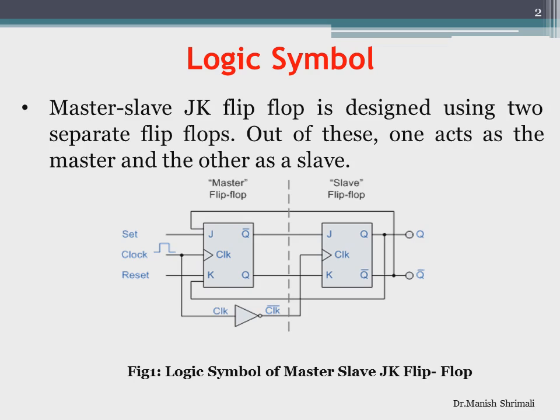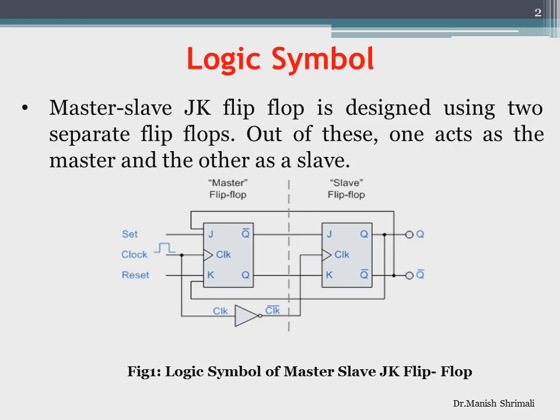This is the logic symbol of the master slave JK flip flop. In this, there are two separate flip flops. One is the master, and the other is a slave JK flip flop. One acts as the master, as you can see, and the other is acting as a slave. Also, there is a clock which is connected.